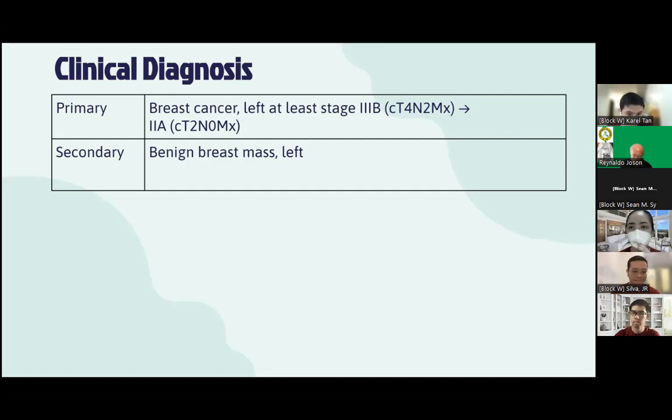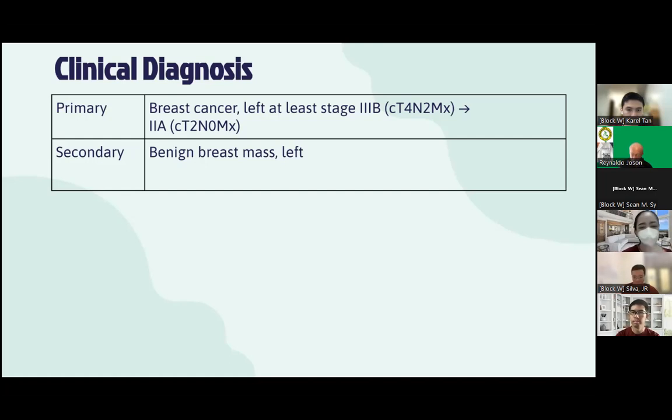Okay, so use M0 as a clinician. The MX, I think it's coming from the pathologist, because they are not clinicians. They just base it on the report that you submitted, your nodes and your breast tumor. They don't have a way to determine the M, so they put X. But for the clinician, we have to use not X, but M positive or M0.